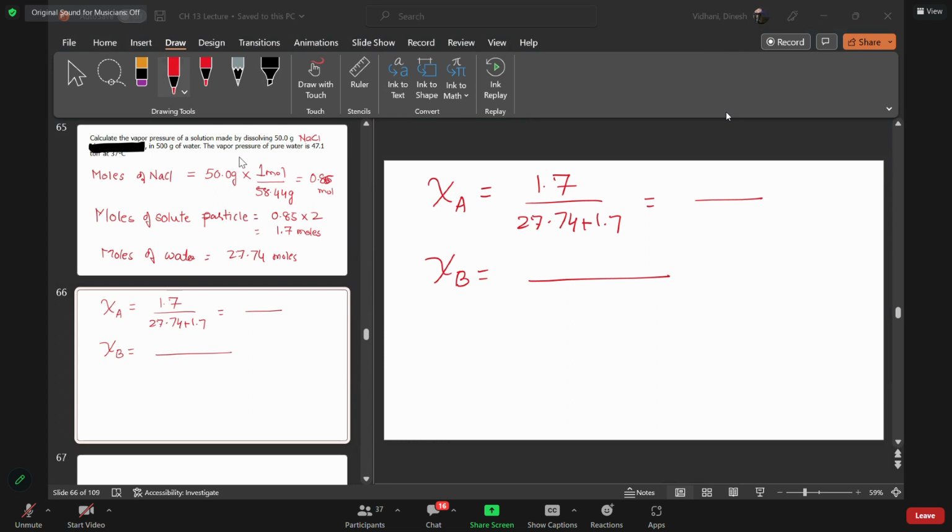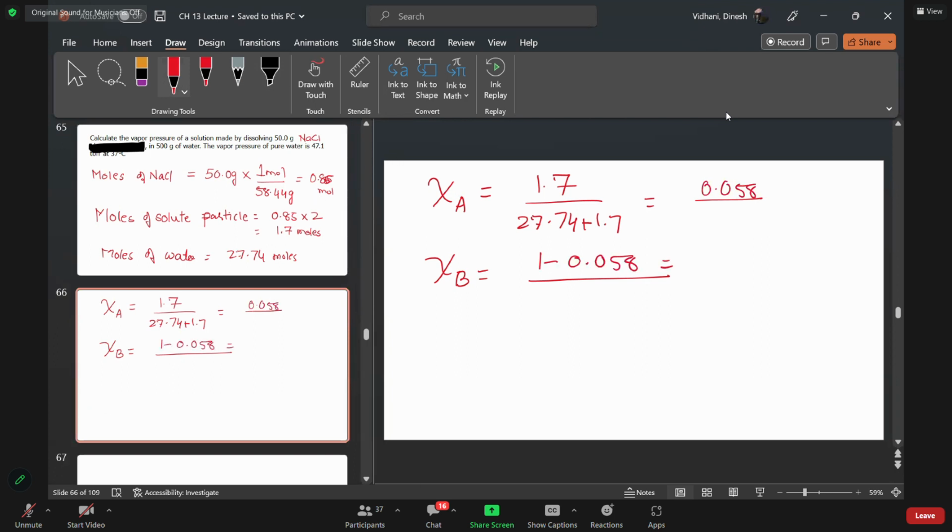What is the mole fraction of A? 0.058. Okay. B, 1 minus 0.058.